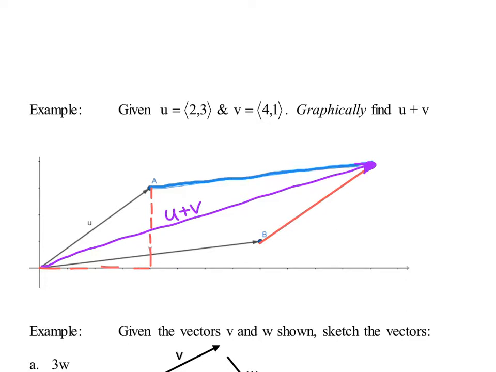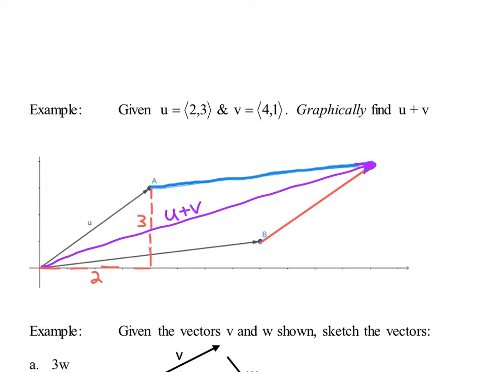Vector U has components 2 and 3, which means it's a horizontal movement of 2 and a vertical movement of 3 to get you from the origin to that location. So 2 and 3. So I can do the same exact movement from the end of vector V, which is at 4, 1.